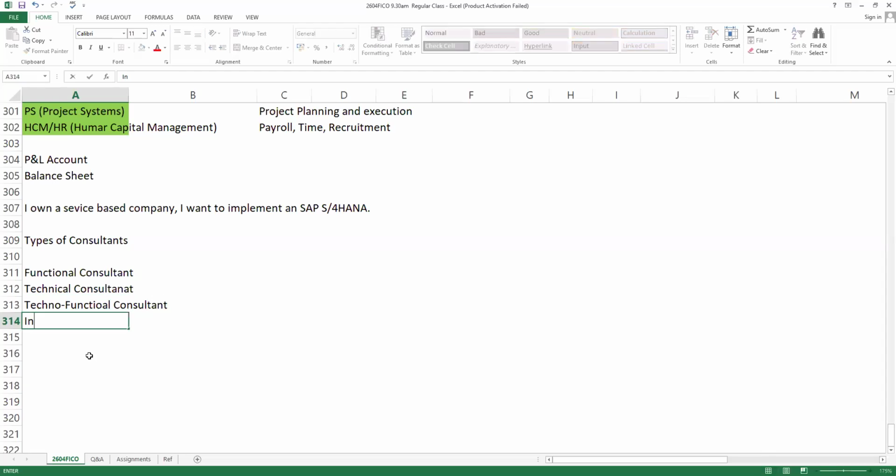The fourth one is industry-specific consultant. And the fifth one is solution architect. Now we will try to understand their roles and responsibilities.